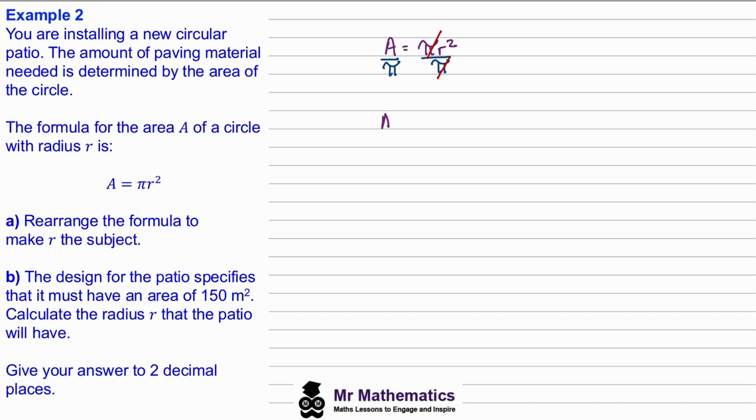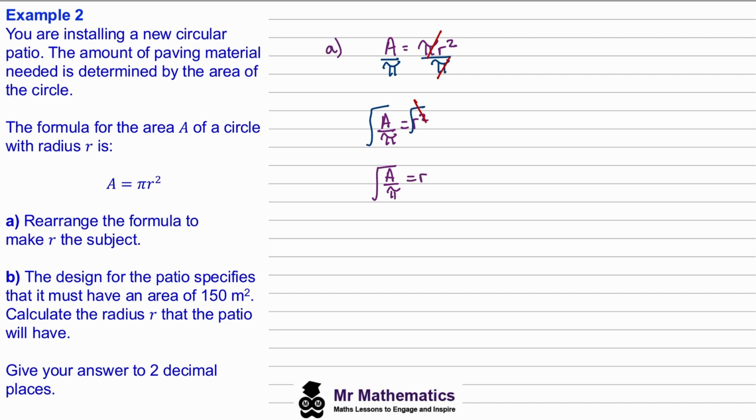So we get the area over pi will equal the radius squared. And now we need to cancel out this square term. So we take the square root of both sides. And then the square and the square root will cancel. So we've got the square root of the area over pi will give us the radius.